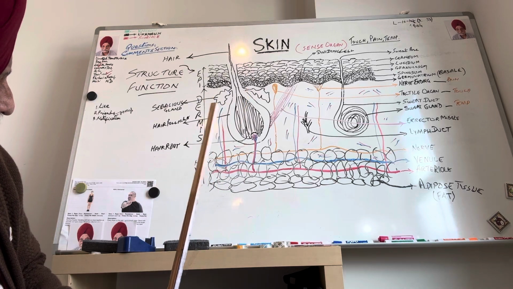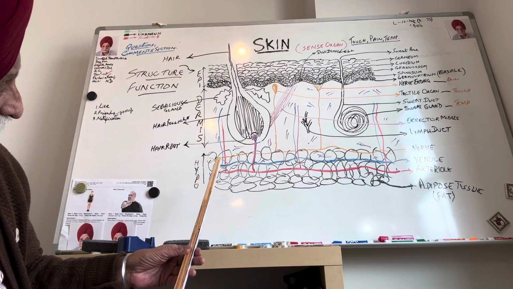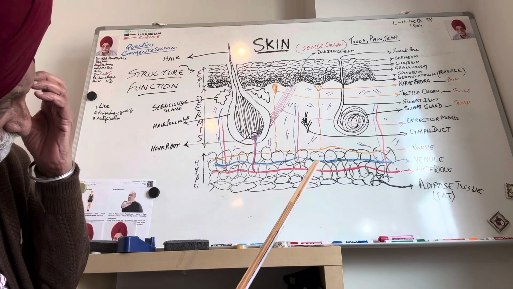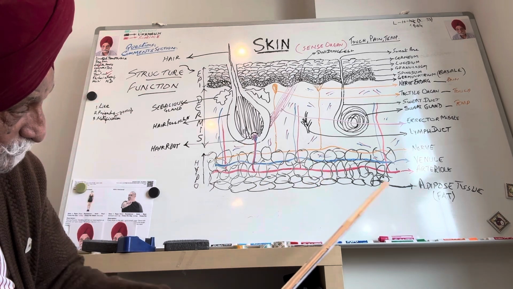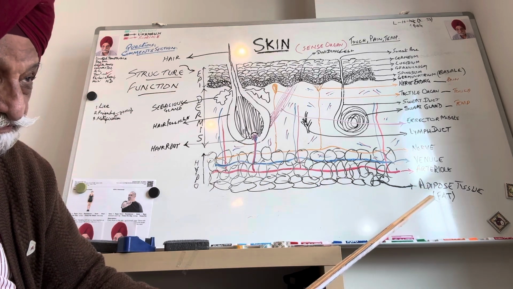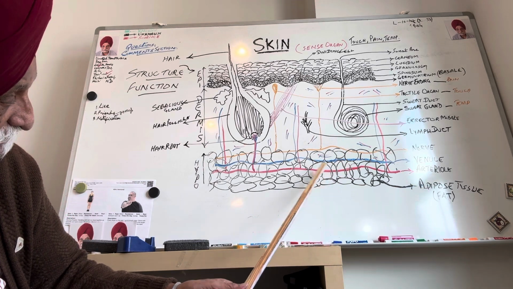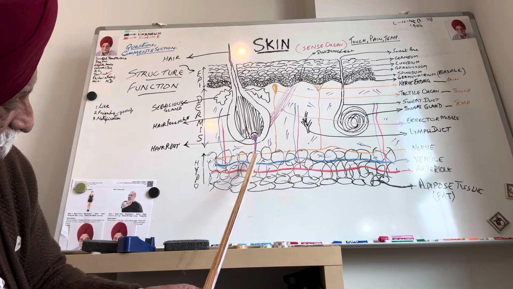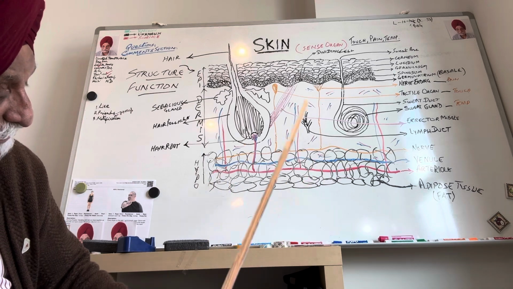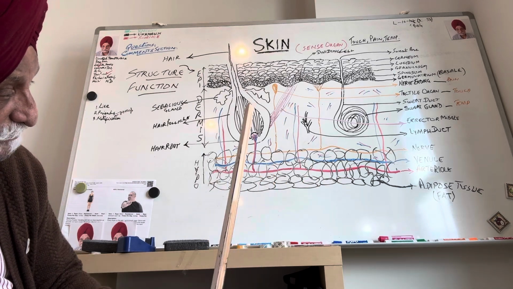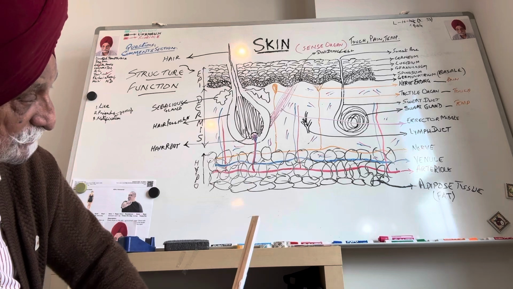Now, at the base of the dermis there is adipose tissue, the fat tissue under the skin, which makes the skin thick or thin.